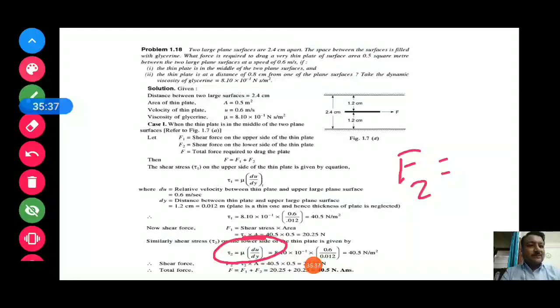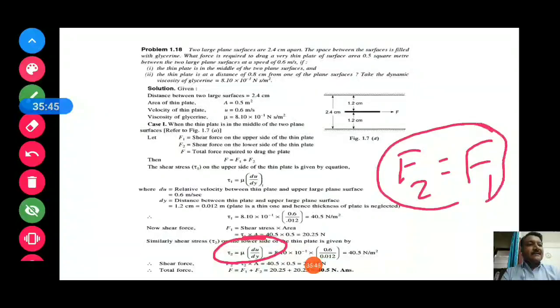So F2 comes out to be the same as that of the first case. So F2 is equal to F1, and finally F is nothing but F1 plus F2. So you can get the value of total force.